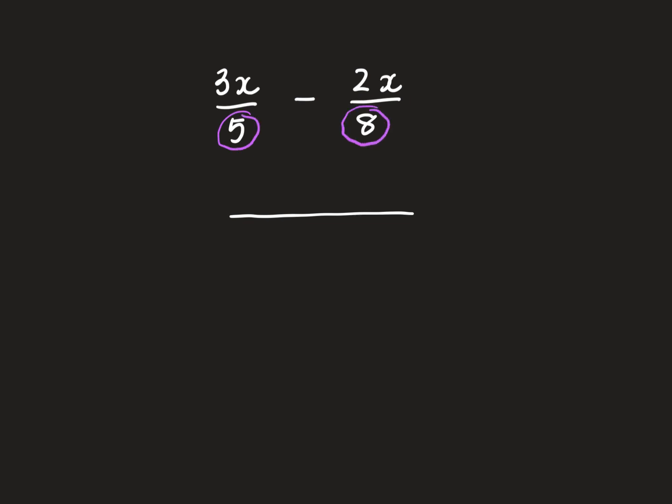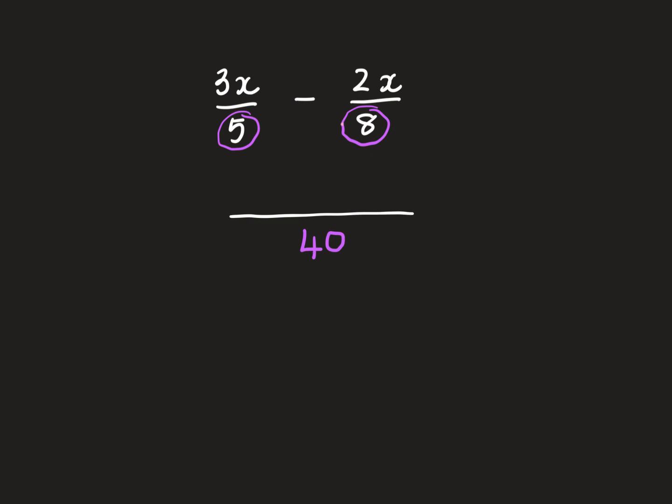Let's try one more. Let's say I've got 3x over 5 minus 2x over 8. Well, what do I need first? I need a new denominator, and I get my new denominator by saying that one times that one. 5 times 8 is 40.